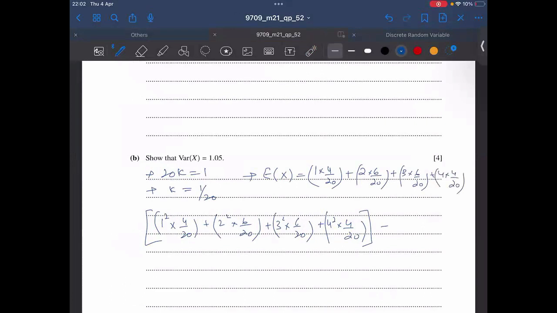All right. And we're going to get 4 plus 12 is 16 plus 18 is 34. 34 plus 16 is 50 over 20. It's 2.5. So minus 2.5 square.